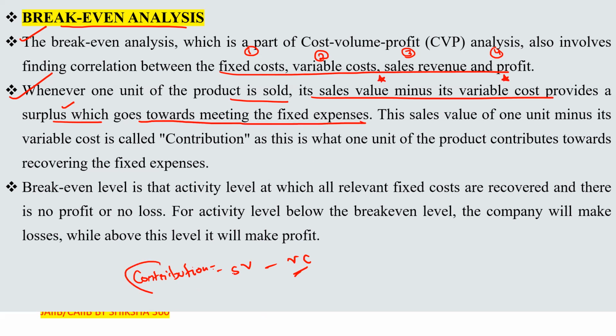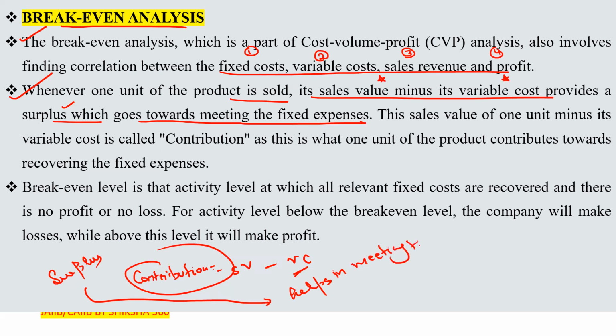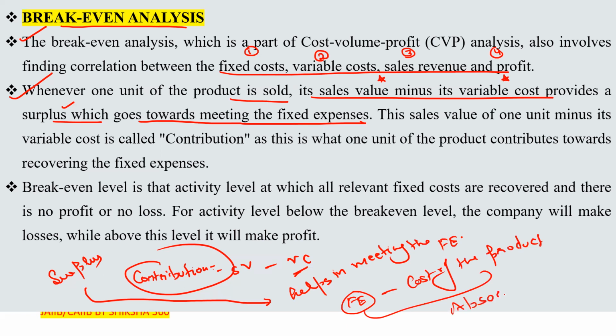This surplus is known as contribution. In marginal costing, this helps in meeting the fixed expenses. Later on, these fixed expenses are also included in the cost of the product, and that costing is known as absorption costing.